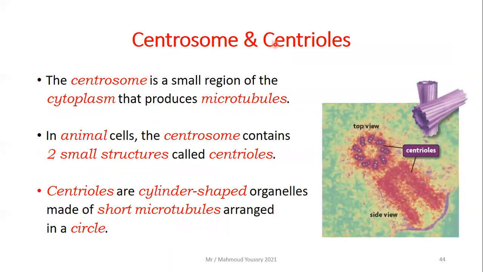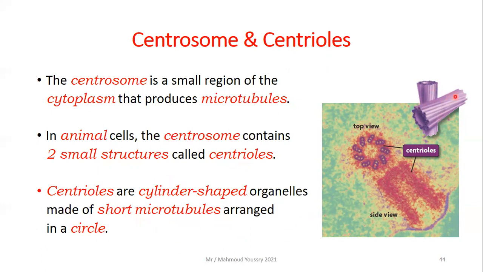Then centrosome and centrioles, another organelle. The centrosome is a small region of the cytoplasm that produces microtubules. In animal cells, the centrosome contains two small structures called centrioles. They are cylinder-shaped organelles made of short microtubules arranged in a circle.